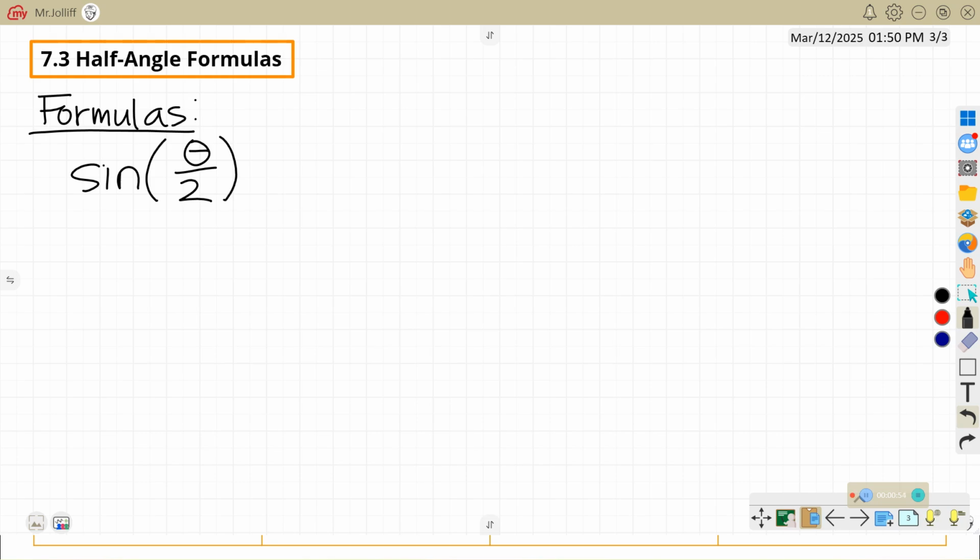The formula for sine of theta over 2 is plus or minus the square root of (1 minus cosine theta) over 2. And my hope is the inside of that fraction looks vaguely familiar. The next two should illuminate that pattern a little bit more clearly.